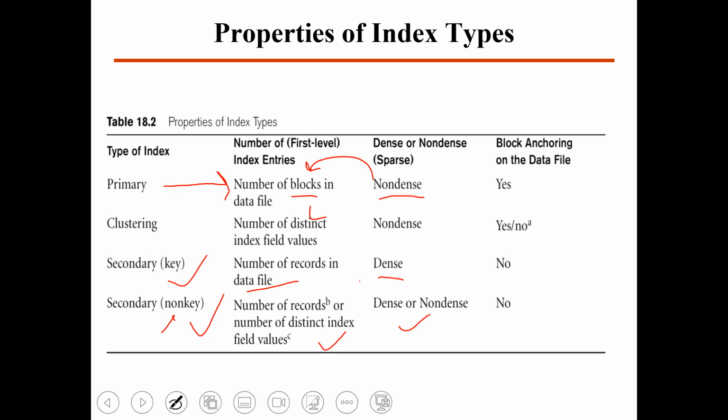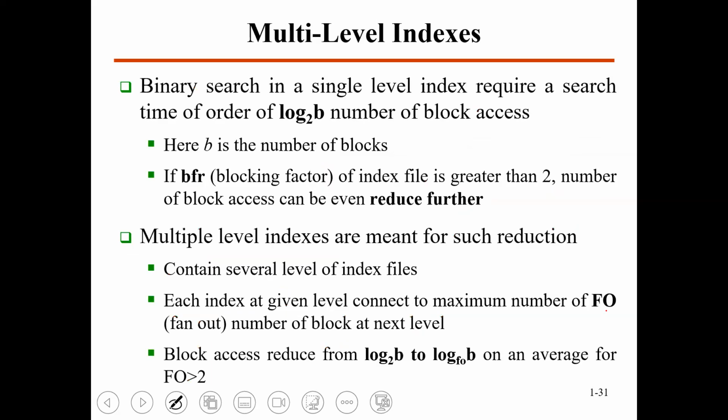Wherever you link each entry with a block, you need a block anchor. So clustering has a block anchor, the primary index has a block anchor, but the secondary index doesn't need a block anchor because entries are already connected with each record. So we stop here, and in the next class we will talk about multi-level indexing.